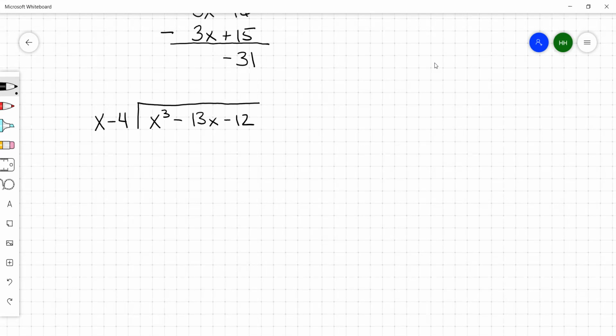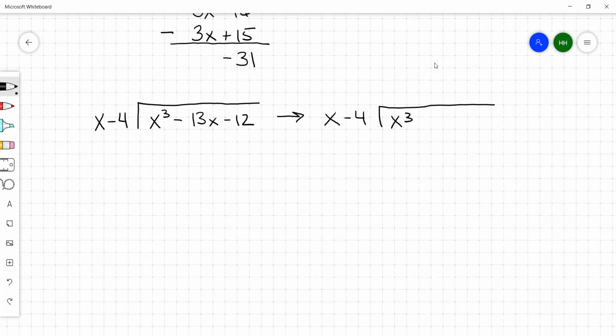When that happens, either in the divisor or the dividend, inside the box or outside the box, you've got to fill it in. Here's what I mean by fill it in. We're going to rewrite this as x minus 4 going into x to the third.